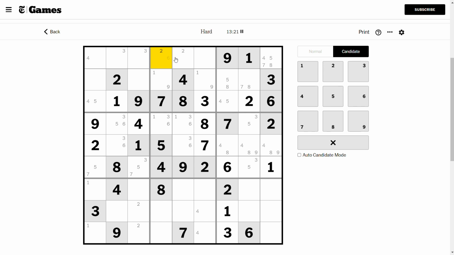This cell sees 5. This 5 also eliminates the 5 from this cell. The digit 6 in block 1 is forced into one of these 2 cells.